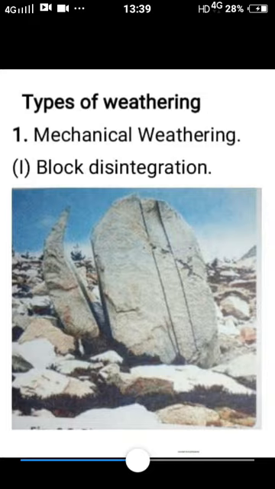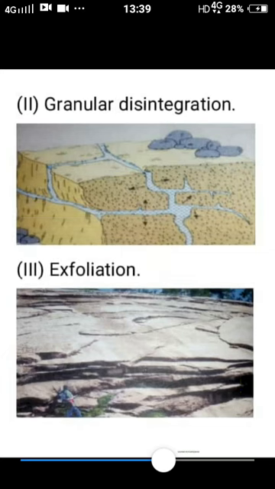Now granular disintegration. Here the rocks are composed of a variety of minerals. It means the minerals which are present in our rock materials. These minerals react to heat differently, and the rocks also expand and contract at different rates. Here the expansion and contraction depend on the nature of the minerals which are available in the rock materials.